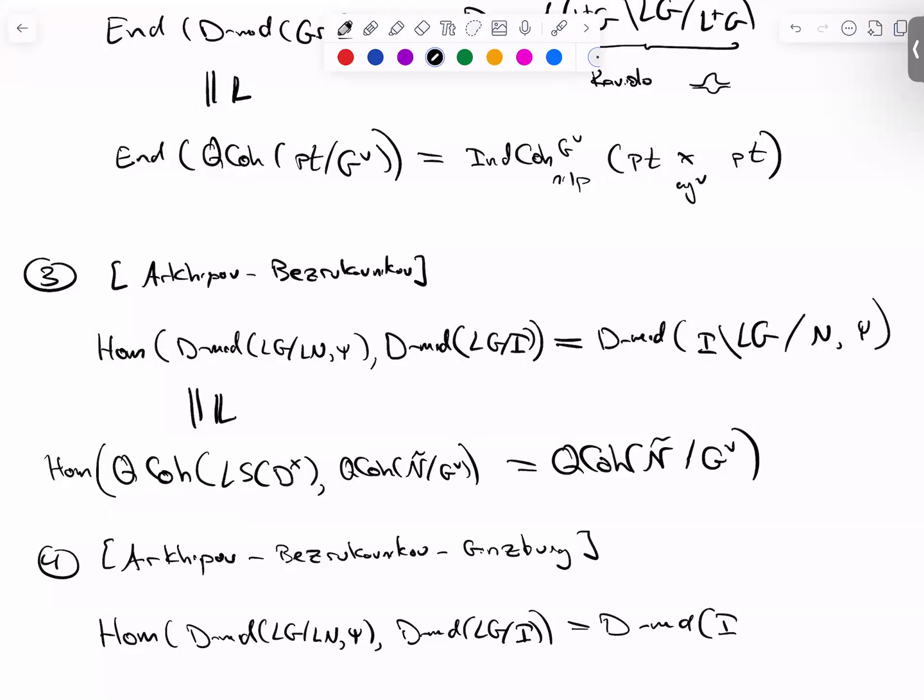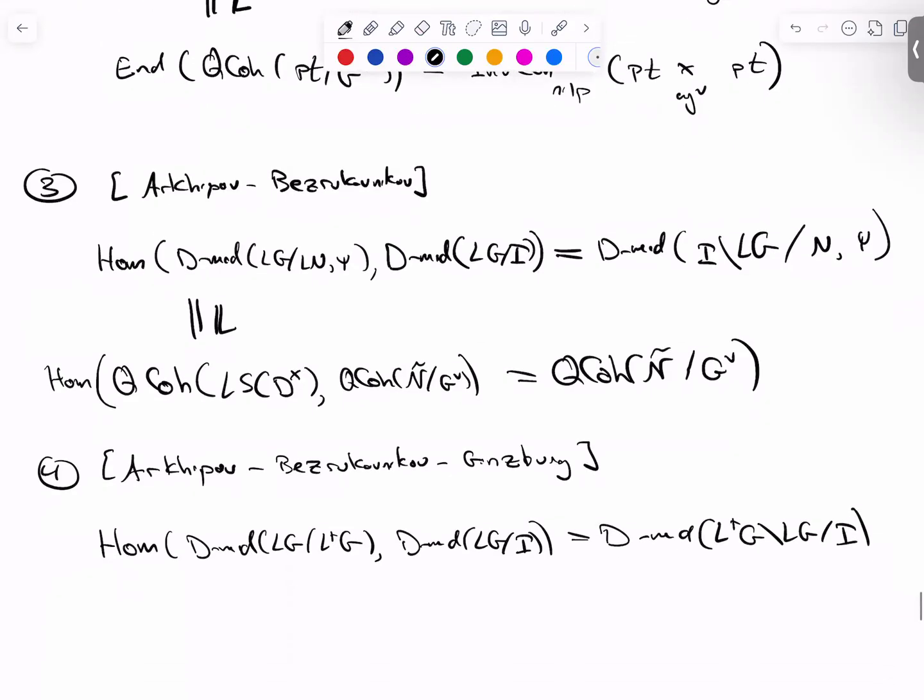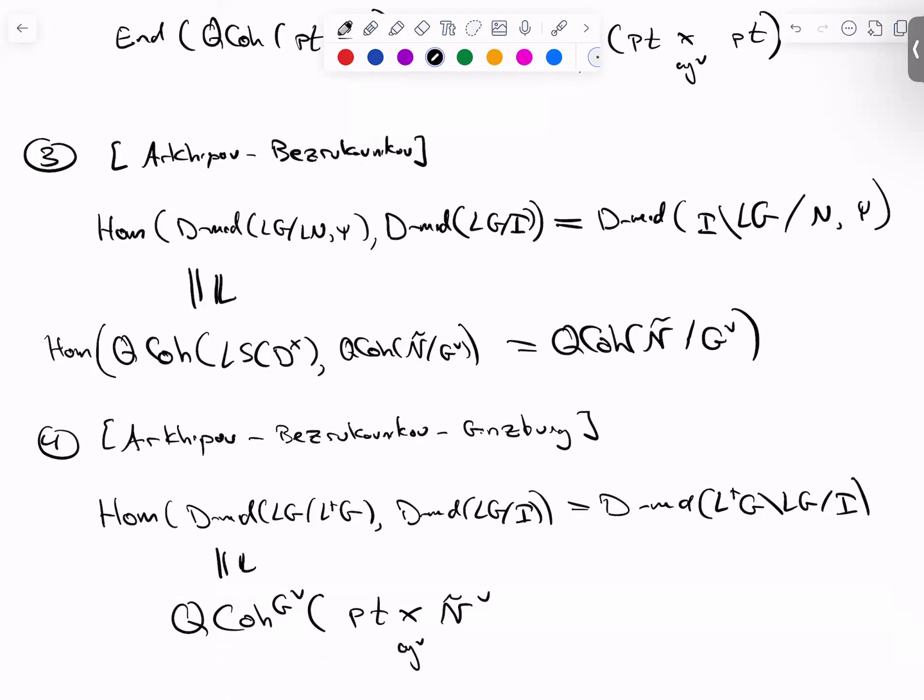Sorry, I wrote down the same thing. And I'll just write down the answer. This is just going to be quasi-coherent of point times n tilde over G check.